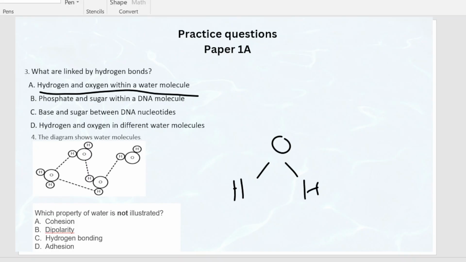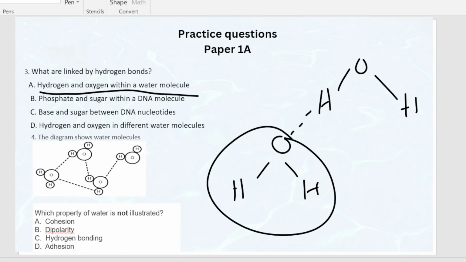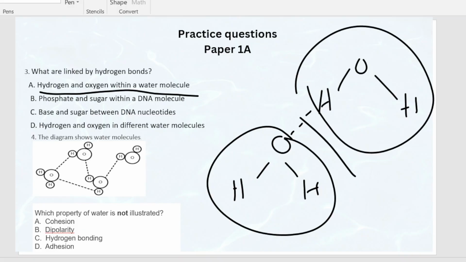You have something like this, hydrogen and oxygen. The hydrogen bond is found here, between one water molecule and another water molecule. So this is the hydrogen bond. It is not within. So it is option D, between different water molecules.